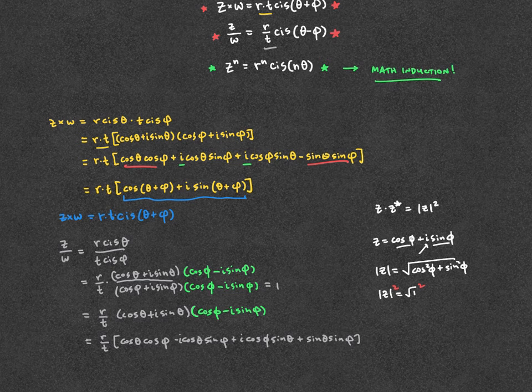Okay, so let's see what we get here. This is r over t, locked that in already. The real portion, cosine theta, cosine phi, plus sine theta, sine phi. All right, so by definition, and the trig that we know, that will be cosine of theta minus phi.